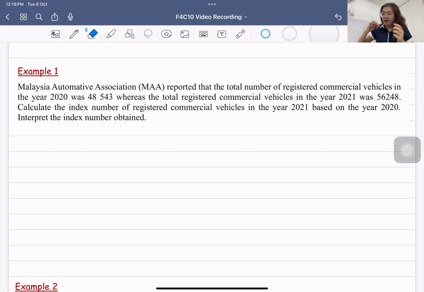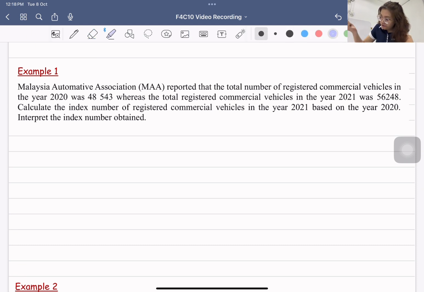Example 1. I actually modified this question a little bit from your Form 4 KSSM Additional Mathematics textbook. Malaysia Automotive Association, MAA, reported that the total number of registered vehicles in the year 2020 was 48,543, whereas the total registered commercial vehicles in the year 2021 was 56,248.